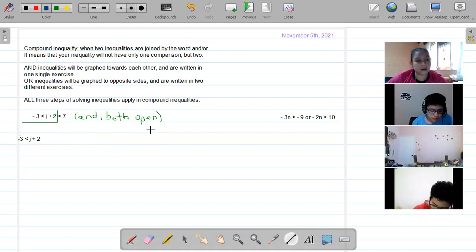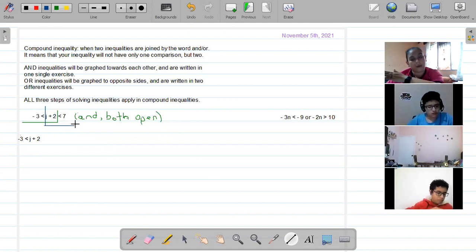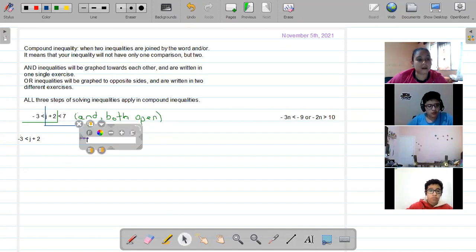What's the second one? The second one is going to be all the way after the first inequality sign, everything in the middle, all the way to the very right, including the second inequality symbol. And that is the second inequality that you're going to have. In this case, j plus 2 is less than 7.